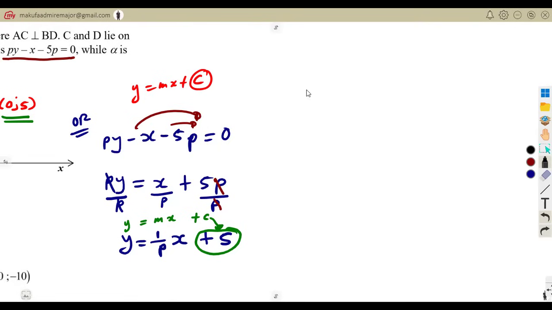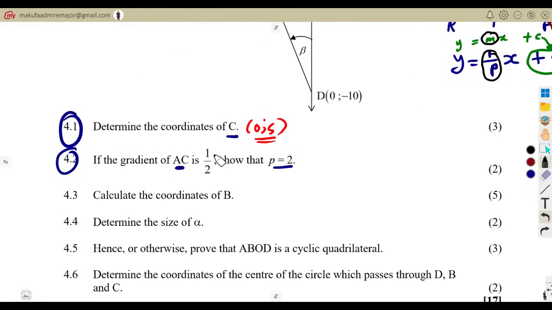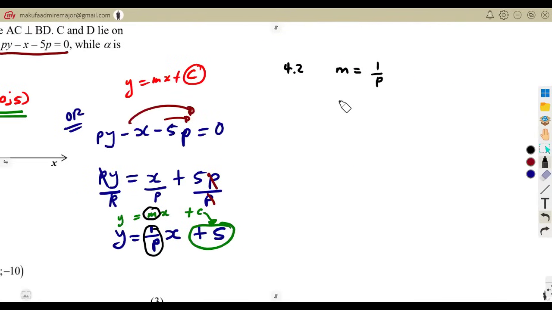Of P. Why? Because in that case, if we are saying y is equal to mx, m is the gradient. And that m, according to this equation, is equal to what? 1 over p. Which is our gradient? And the same gradient that we are talking about, they told us that the gradient of AC is 1 over 2.